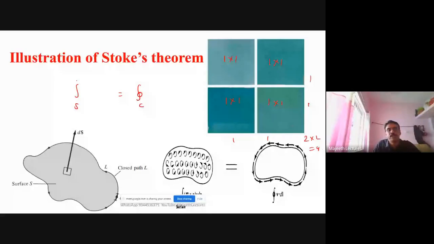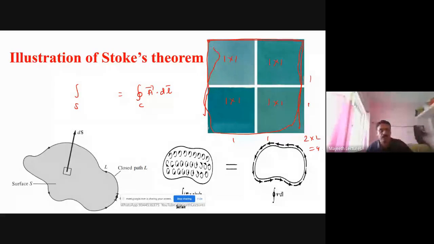So what is that? Suppose it is a vector A dot dl. It is a displacement length. So I add all these lengths in the integral, the line integral. I start from here and go here, and here, and here, and here, and come back again.